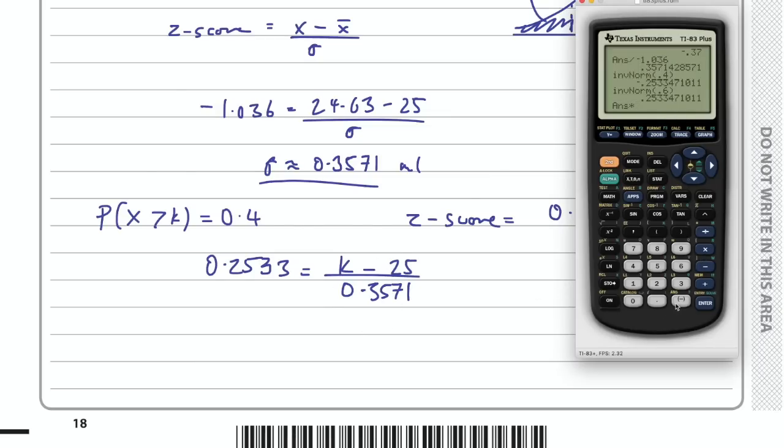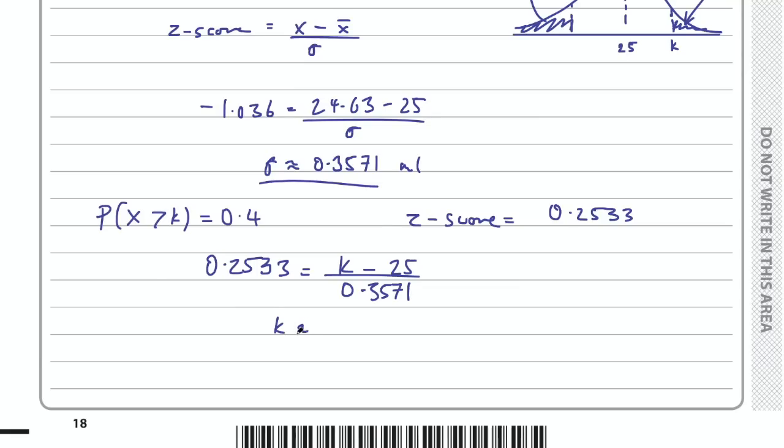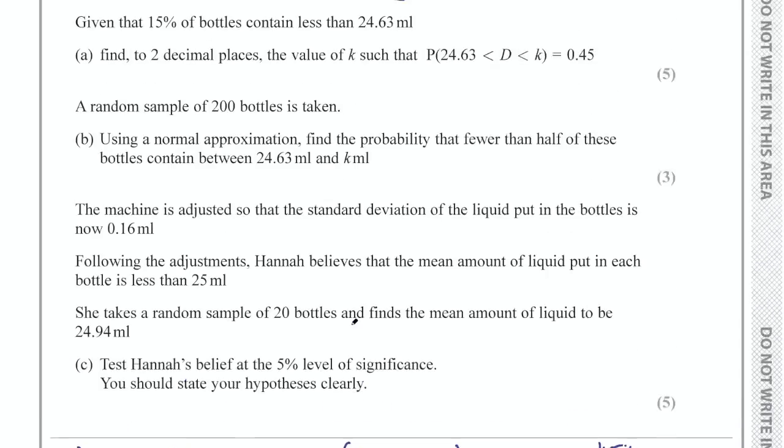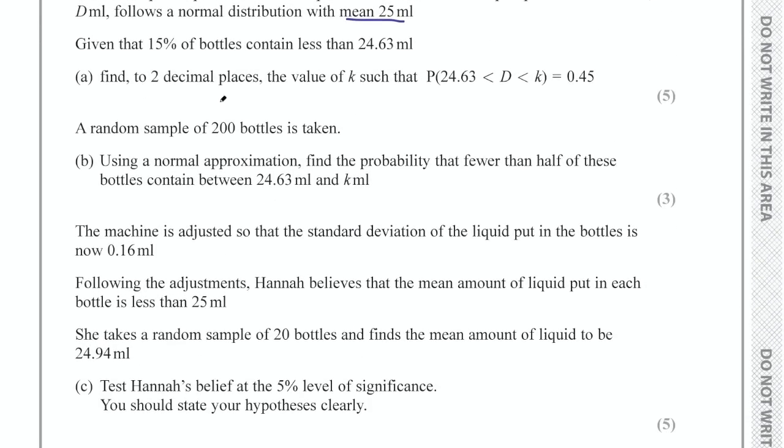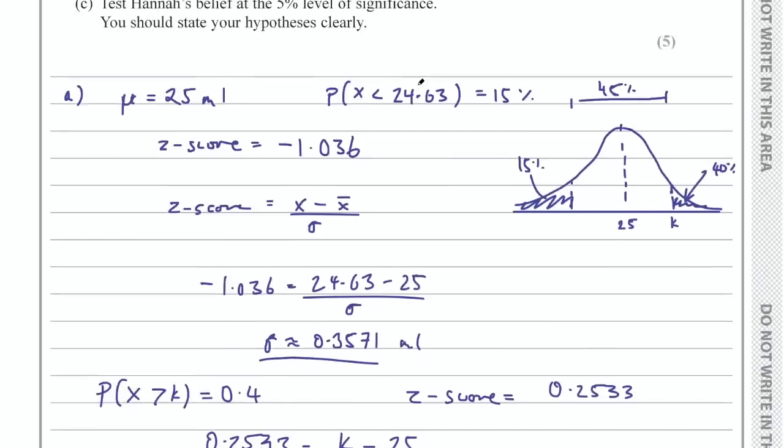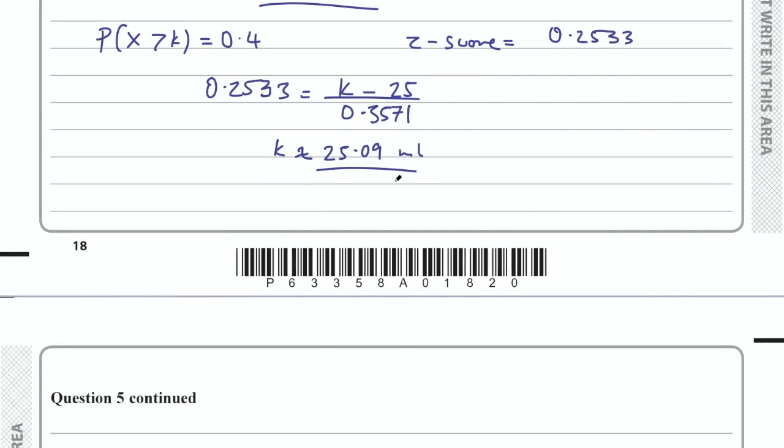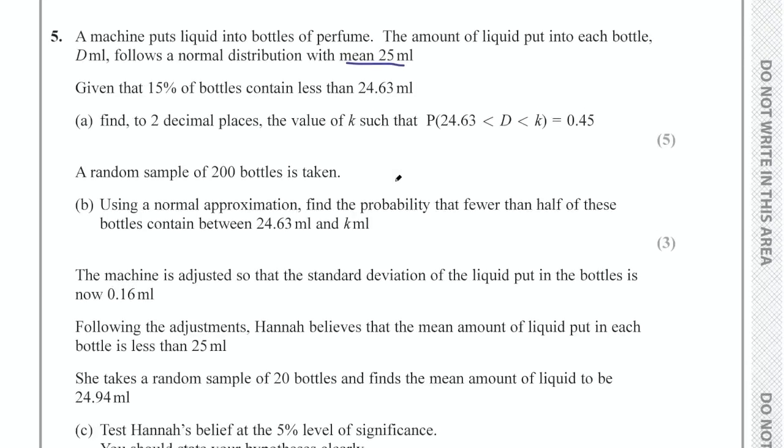This is multiplied by 0.3571 plus 25, I get 25.09 to 2 decimal places. So K is 25.09 milliliters. And going back to the question to make sure I answered it, find to two decimal places the value of K. Okay, so done that, 25.09. Final answer for part A.